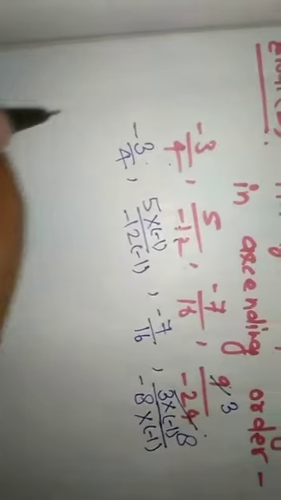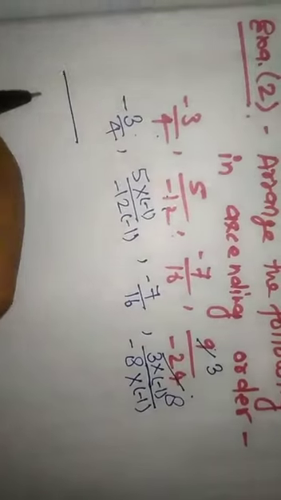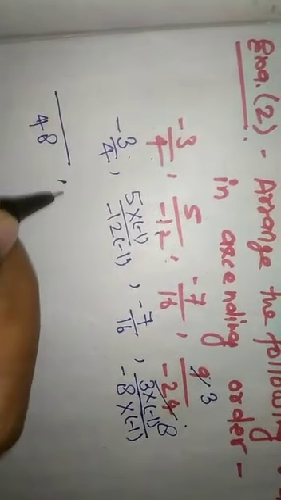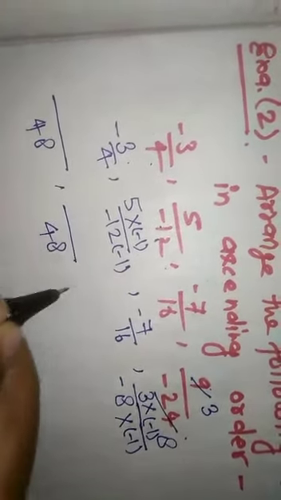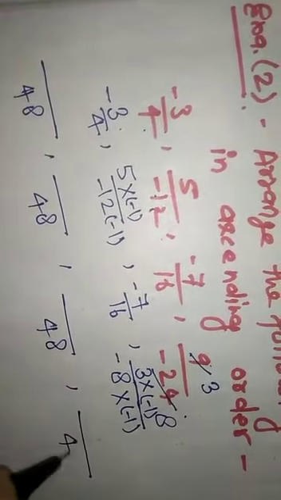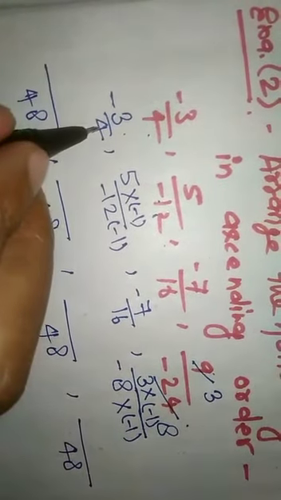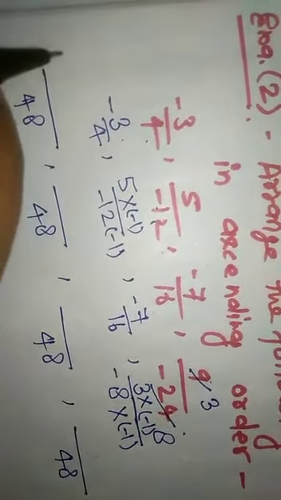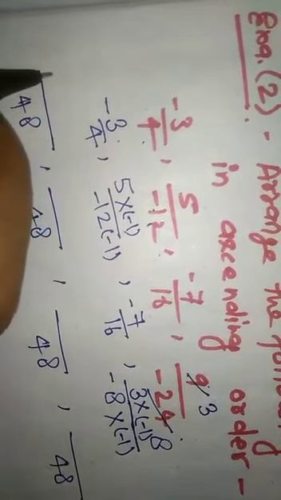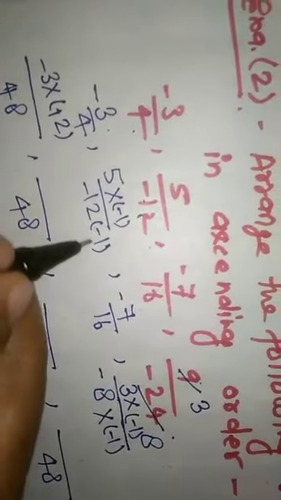Now write the LCM, 48, in each denominator. Now 48 divided by 4. What do you get? 12. So minus 3 multiplied by 12.